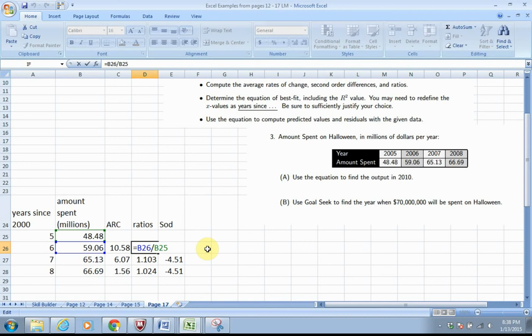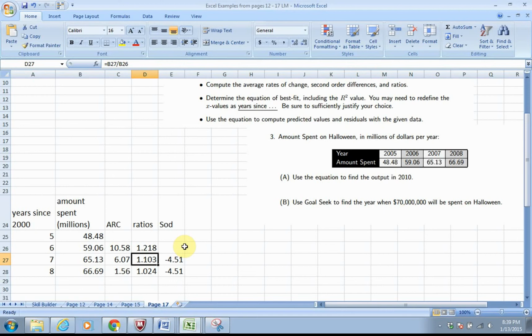We're talking about the growth there. So when I hit enter, you see the ratios there, 1.218, 1.103, 1.1024. Those are the ratios that we get from one year to the next.